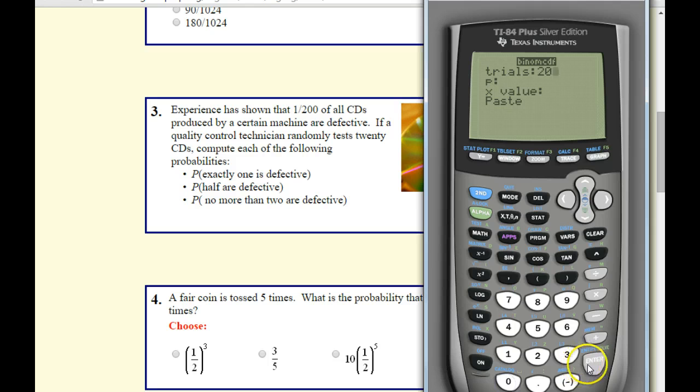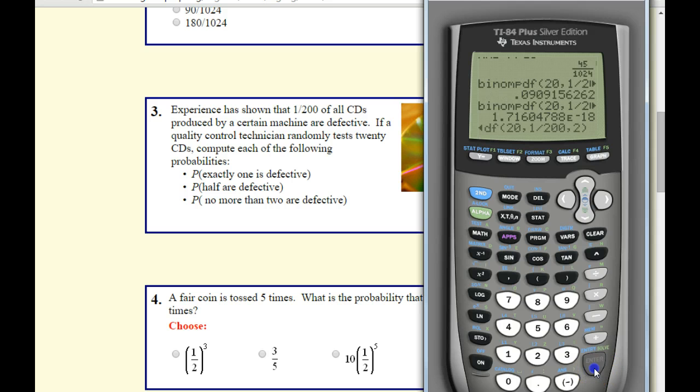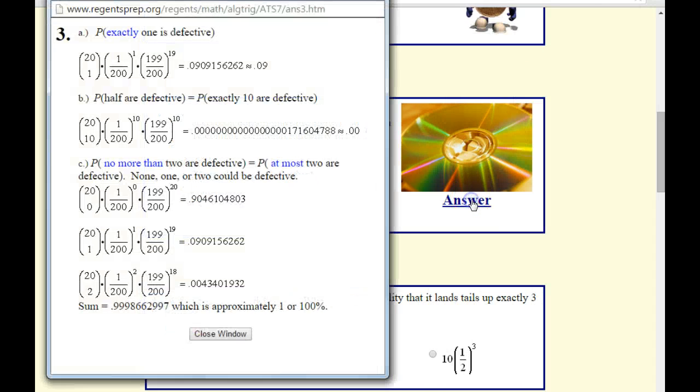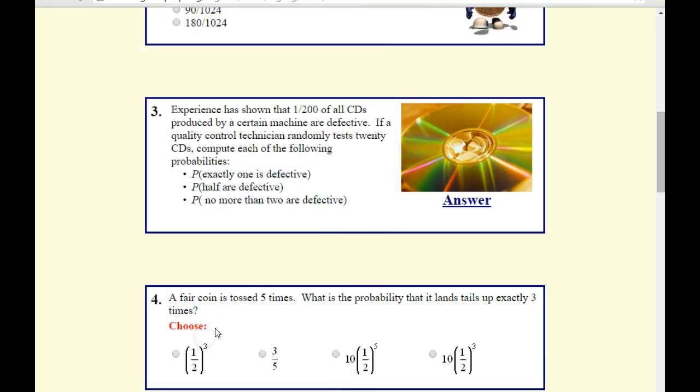Out of 20, 1 divided by 200. We want 2 or fewer. Okay? It's 0.9998. Okay, so the first time, did we get 0.09? The second time, did we get a whole bunch of zeros and then 1/8? And the last time, here, it says 0.9998, which is what we got, right? So we got those all right.